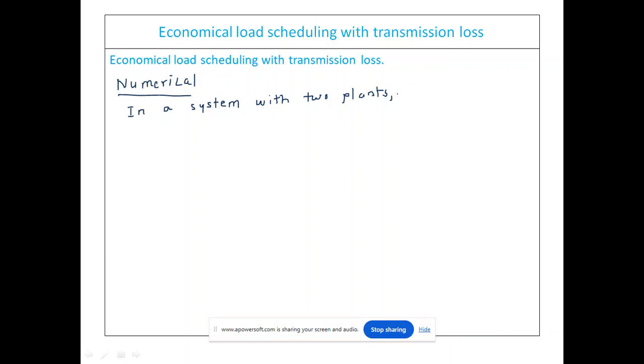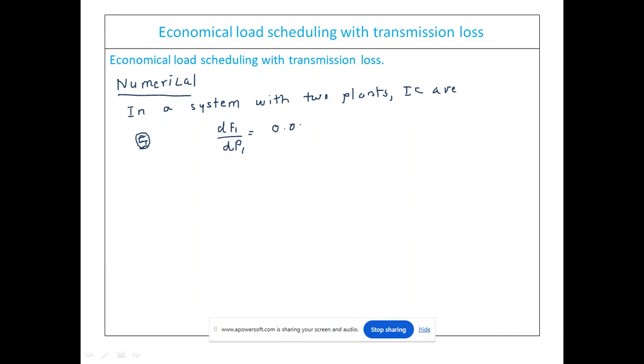In a system with two plants, incremental costs are df1 divided by dp1. Now don't get confused. Instead of using C1 for the cost as in our derivation, here F1 is used for the cost, so don't get confused. F1 is nothing but the cost only.